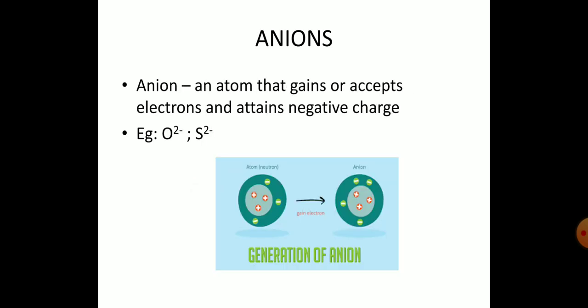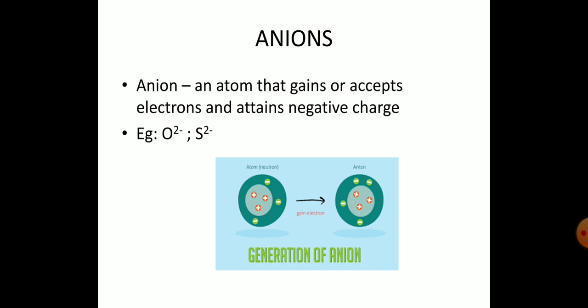Now coming to anions, it is the opposite of cation. So anion is an atom which gains electrons, and so it will become a negatively charged ion. Here we have given the example of oxygen and sulfur. Oxygen will gain or accept 2 electrons.